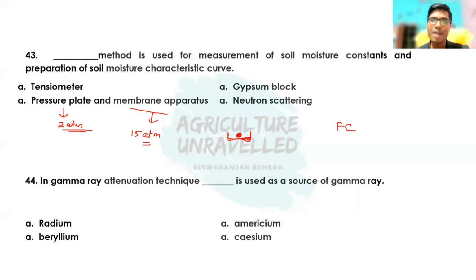After that, we'll apply a definite pressure. Like at field capacity, we have to apply 0.33 bar pressure. When 0.33 bar pressure is applied, outside the sample the pressure is 0.33 bar. But what is the water potential or water pressure inside the sample? It is 0 bar because it is at the saturation stage.